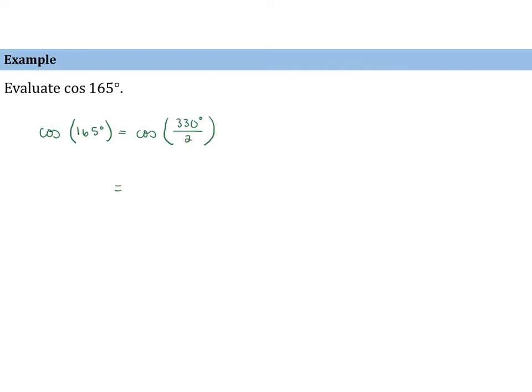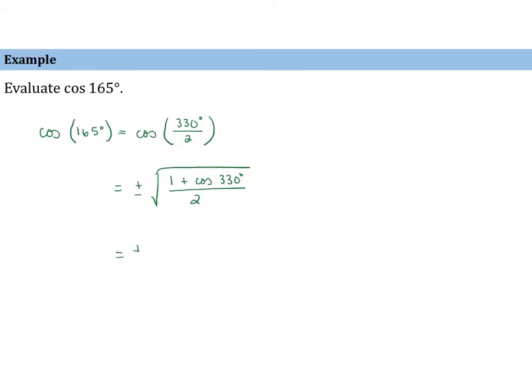Now, using the half angle formula for cosine, this is positive or negative the square root of 1 plus cosine of, and the angle we're dividing by 2 is 330 degrees, over 2, and that completes the radicand.